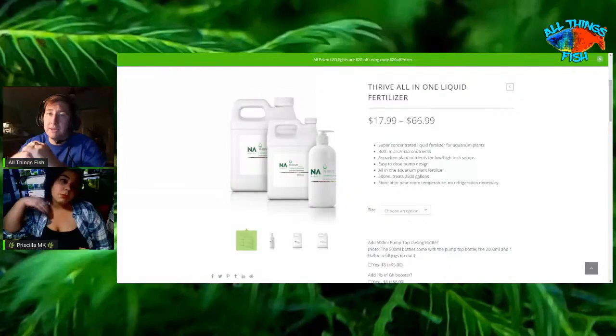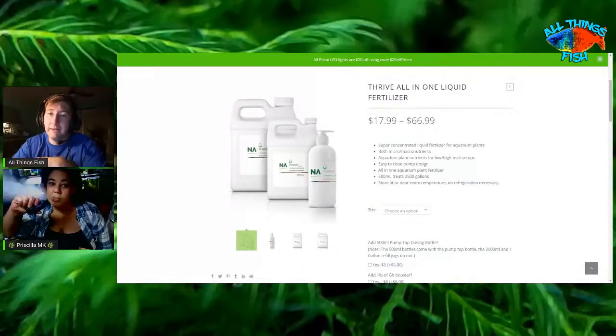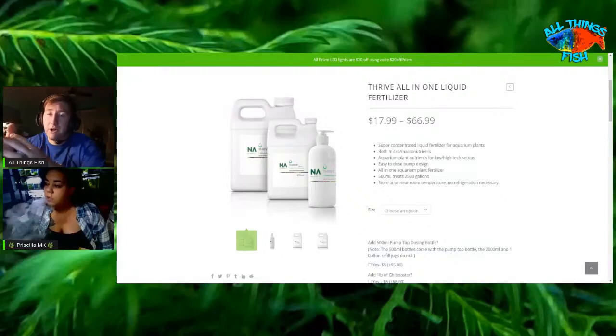There are some other brands out there that offer liquid fertilizers that are not all-in-ones, that may just dose your potassium or your iron. If you look at Tropica's line, they've got their Bright K, and then they have various other supplements to that. Obviously, I mentioned Flourish and Aquavitro are both produced by Seachem.